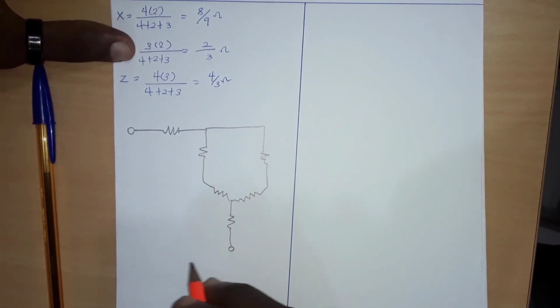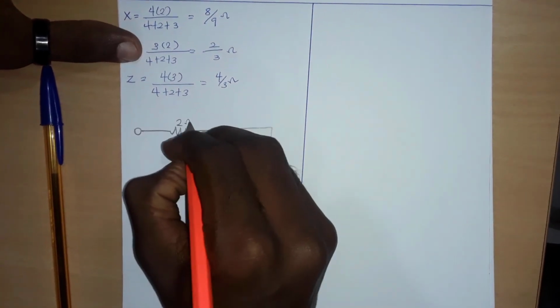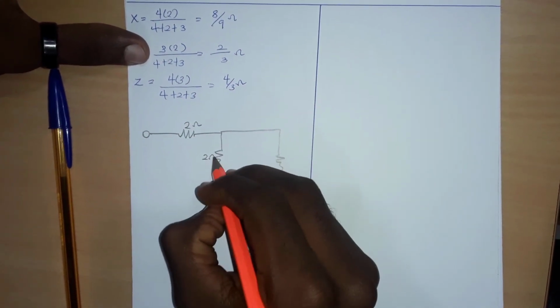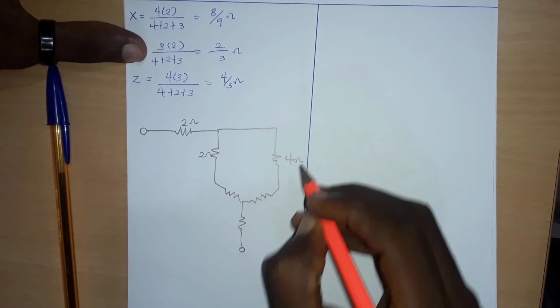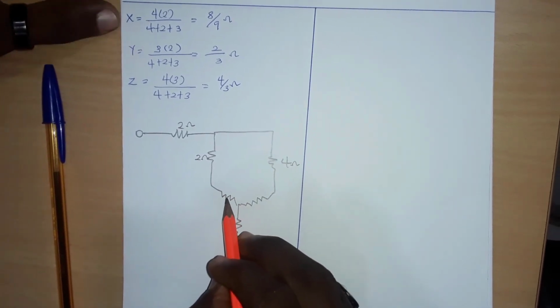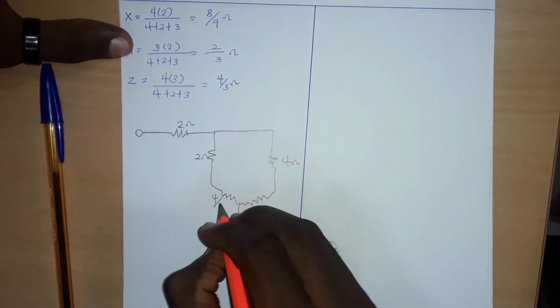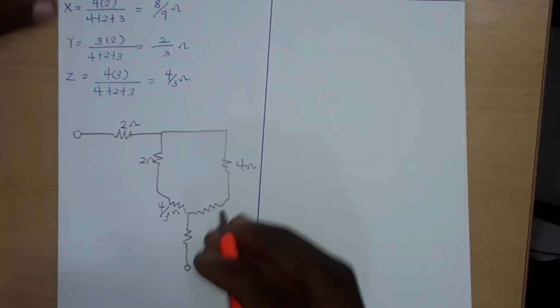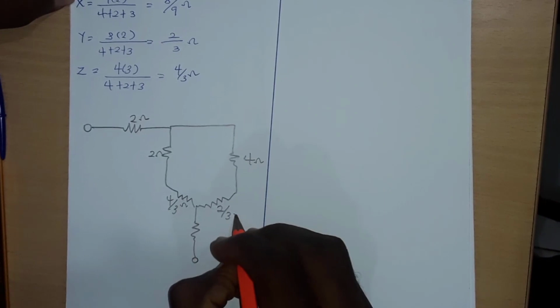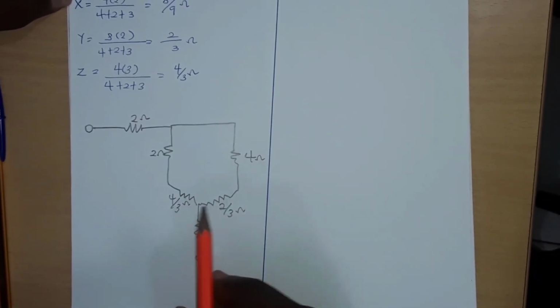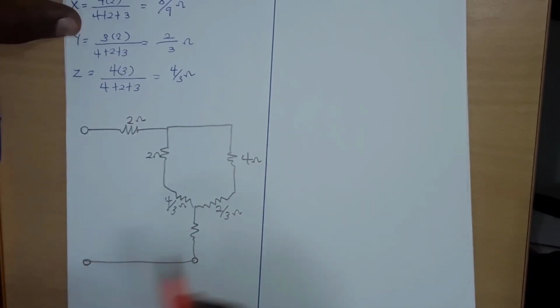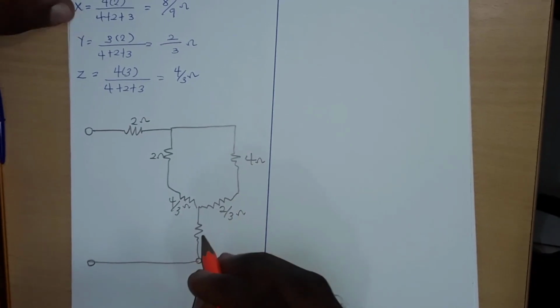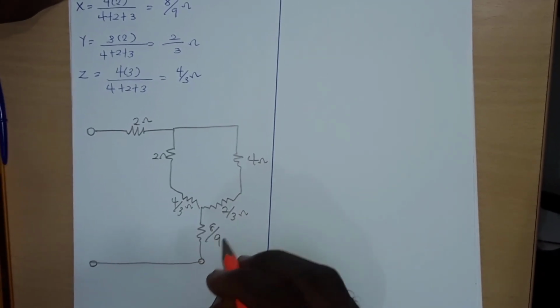So we have 2 ohm here, another 2 ohm, 4 ohm, and here was Z, and we had Z to be 4 on 3, and here was Y, and we had Y to be 2 on 3 ohm, and we had X to be 8 on 9 ohms.